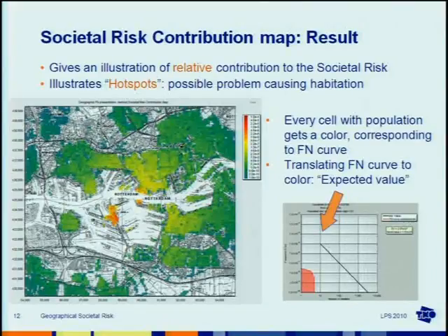And this is a true representation of the societal risk that is happening on this cell. It gives an illustration of the contribution of this cell to your societal risk. And it just illustrates hotspots or possible problem-causing habitation.